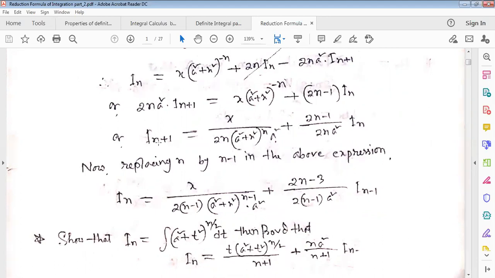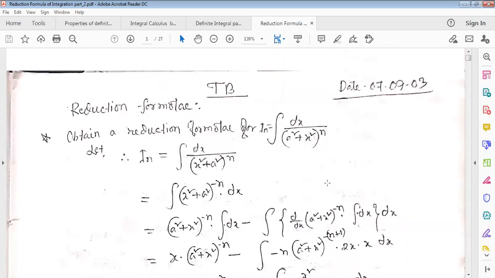If we put n minus 1 for this n, then n minus 1 plus 1 gives I_n equals, here also n minus 1 replaces n. This is the relationship, and this relationship is called the reduction formula for the given integration.